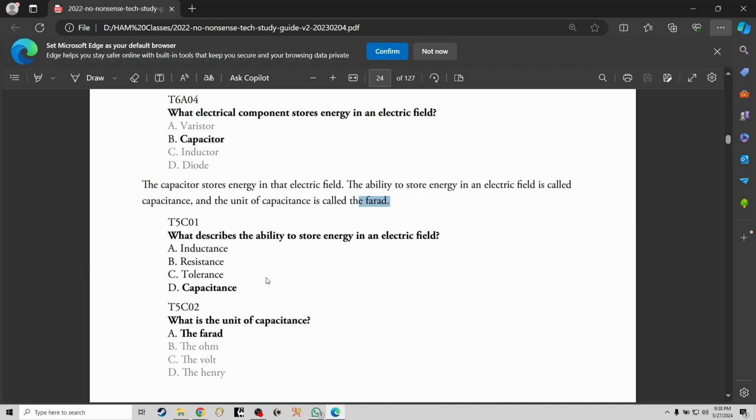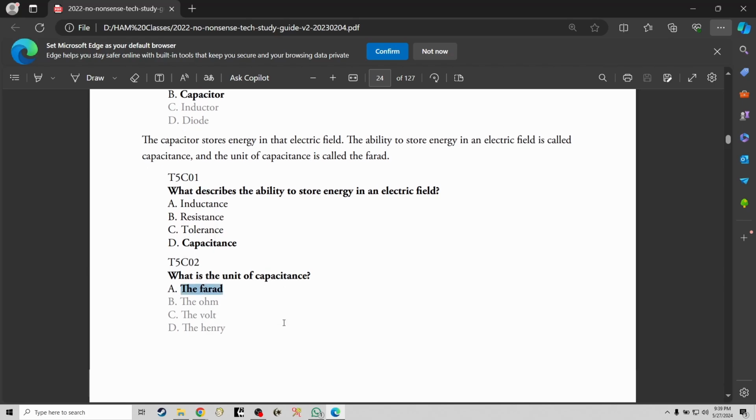Farad. All right. What describes the ability to store energy in an electric field? Of course, it's the capacitance. And how do you measure capacitance? By the farad.